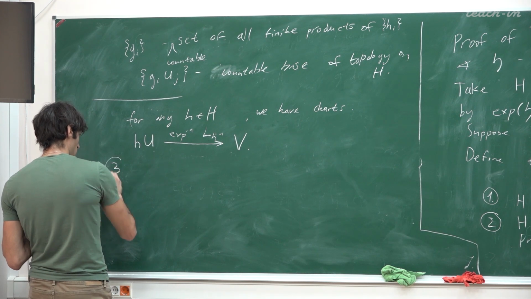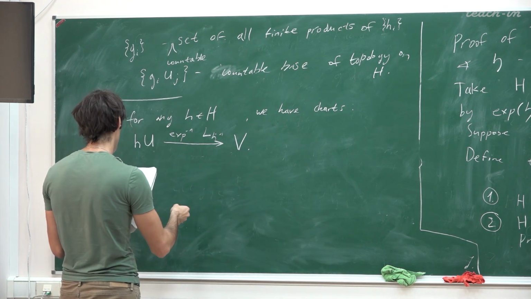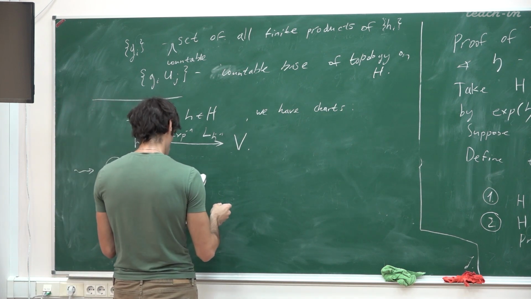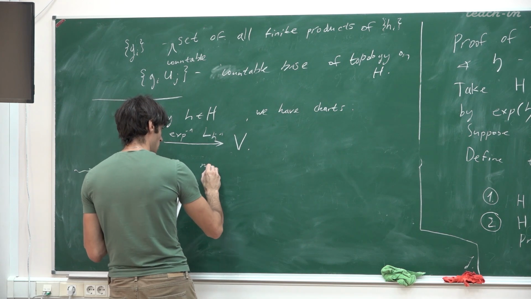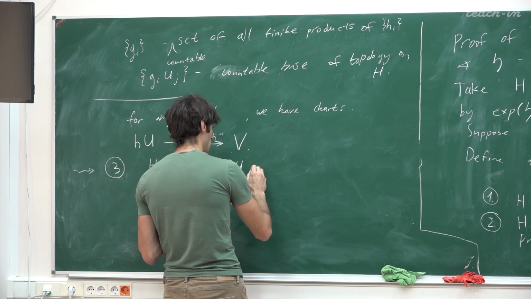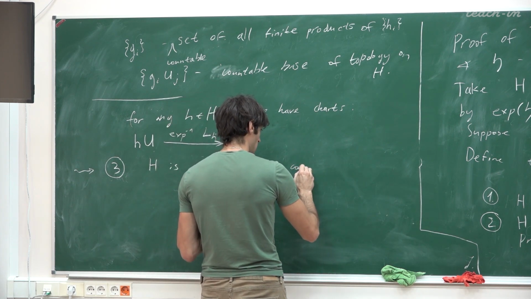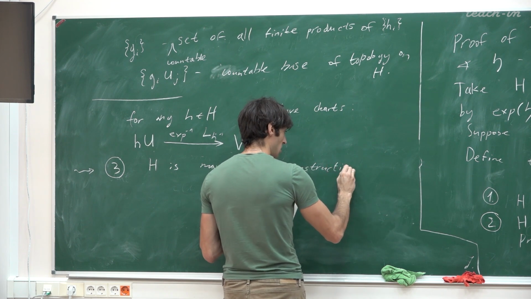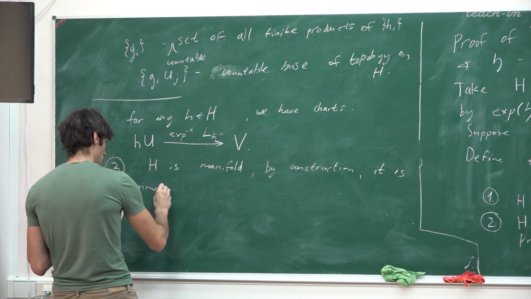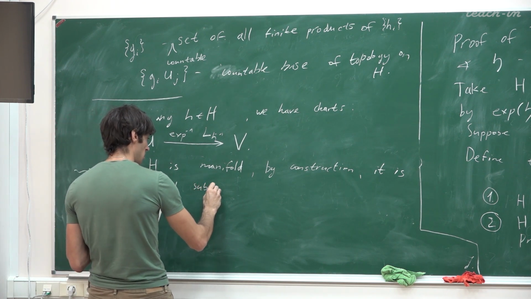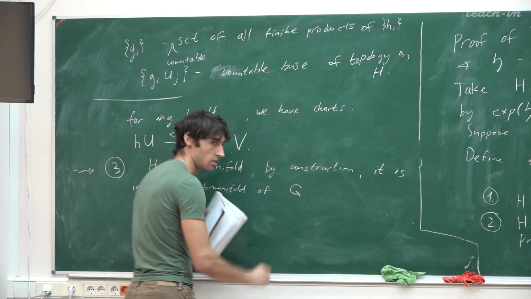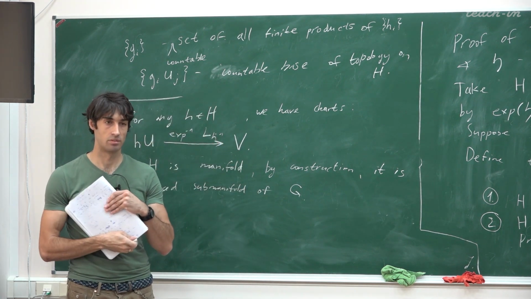So 1, 2, 3. The third observation is that H is a manifold, and by construction it is an immersed submanifold of G. Okay.